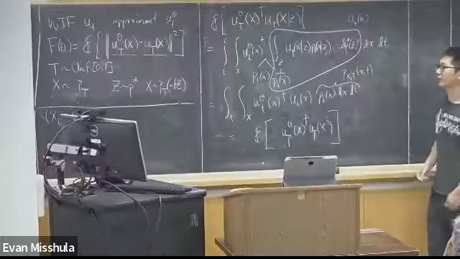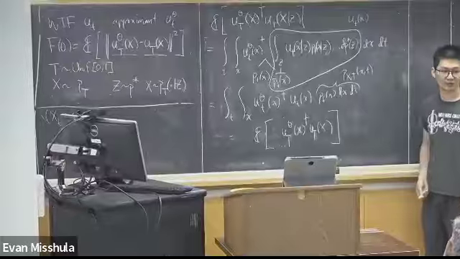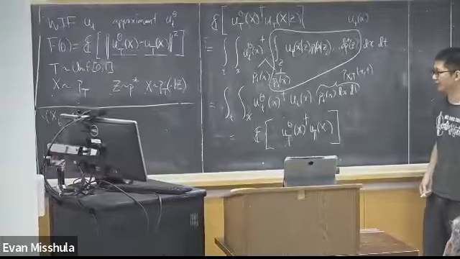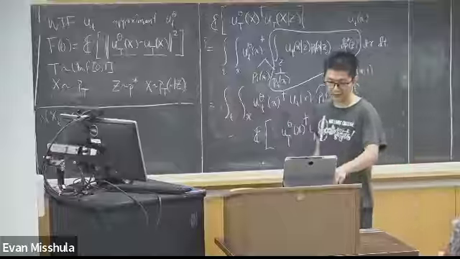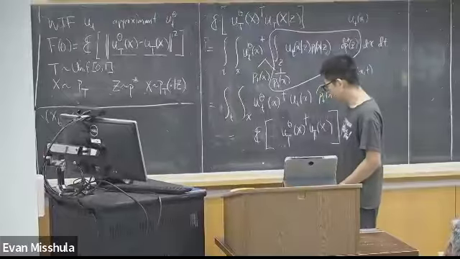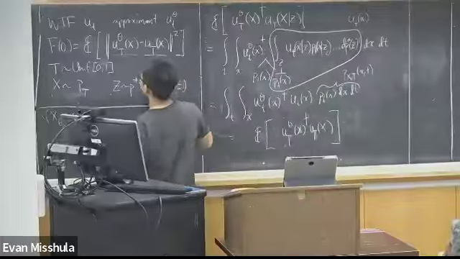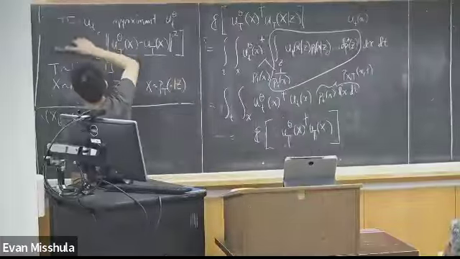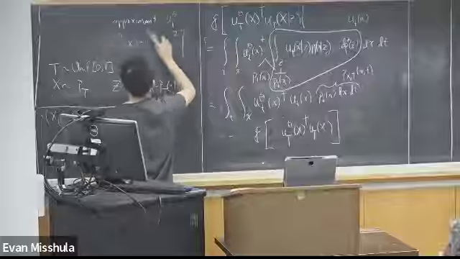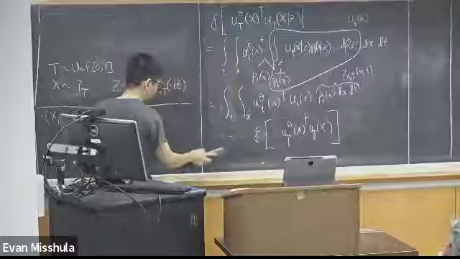So this is the objective function for flow matching. We still need to deal with score matching, and it turns out we've already done most of it. So we're good with flow matching.